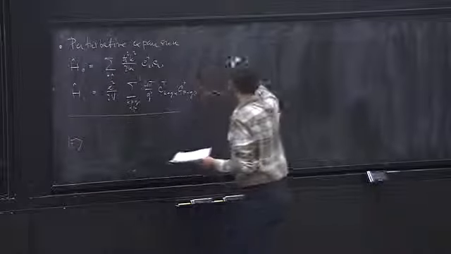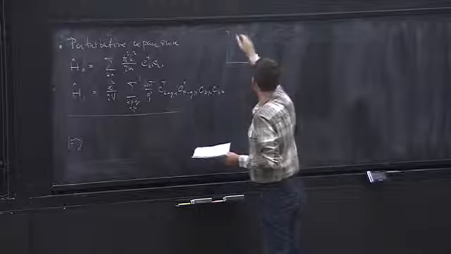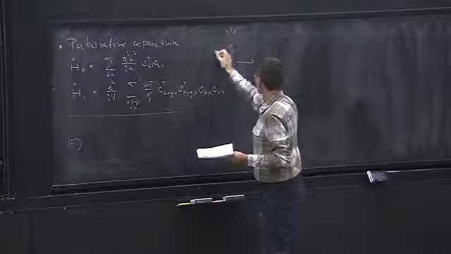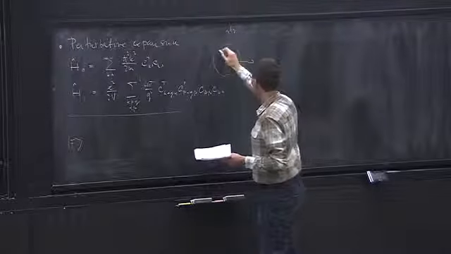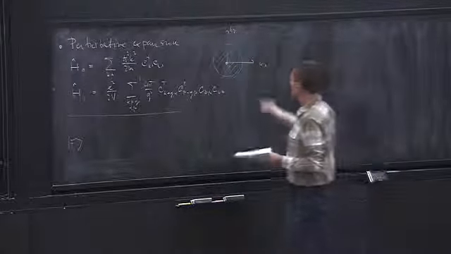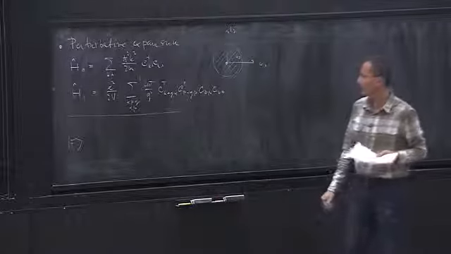So pictorially, we have momenta, kx, ky, and we start filling in. And ultimately, we fill in some sphere in momentum space whose radius will be the Fermi energy.